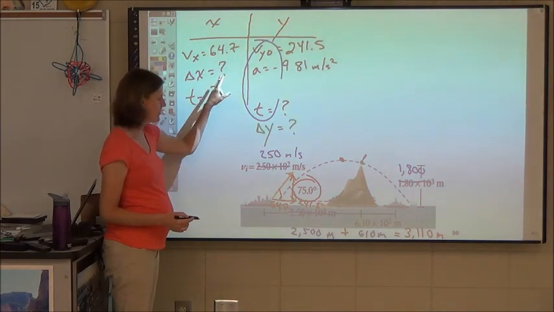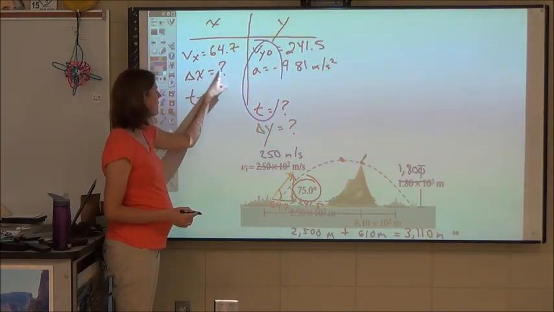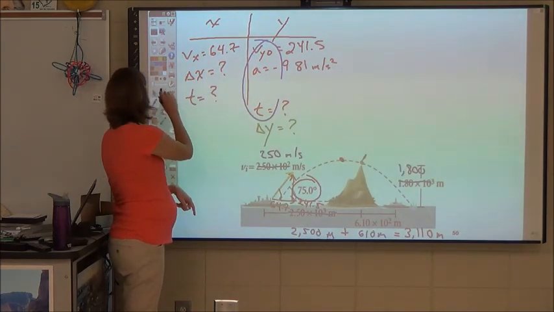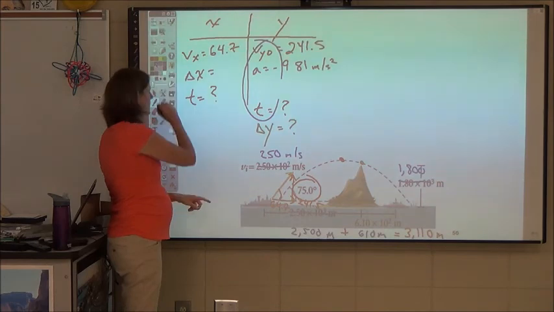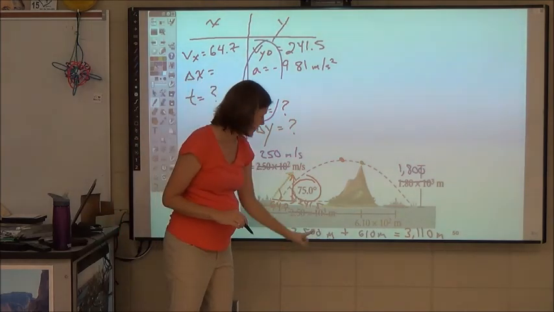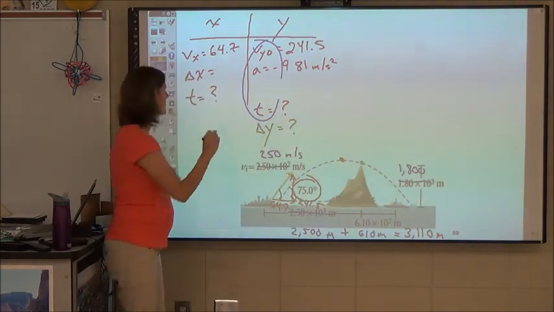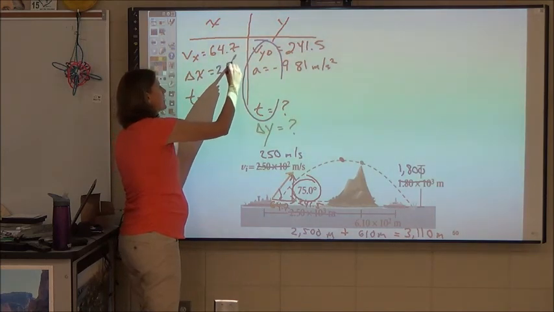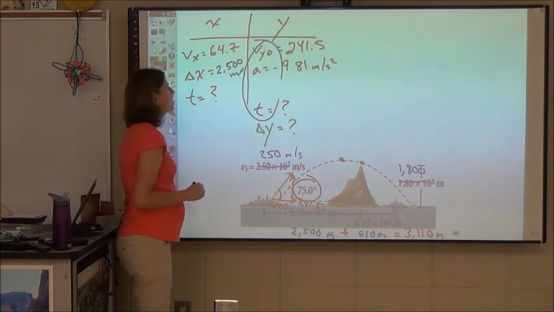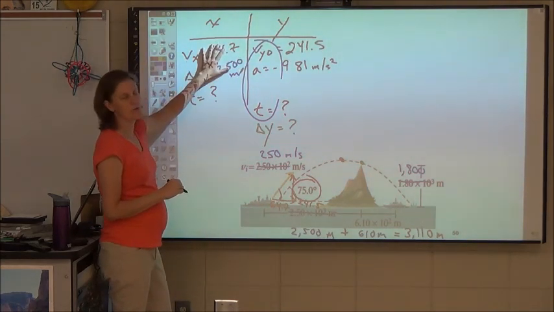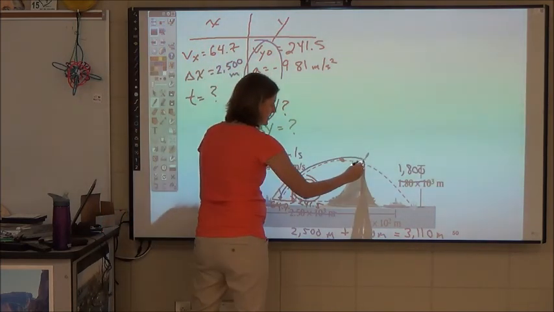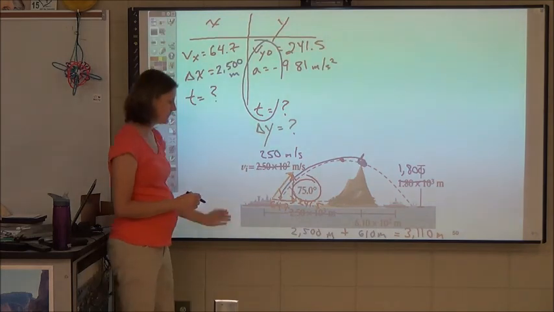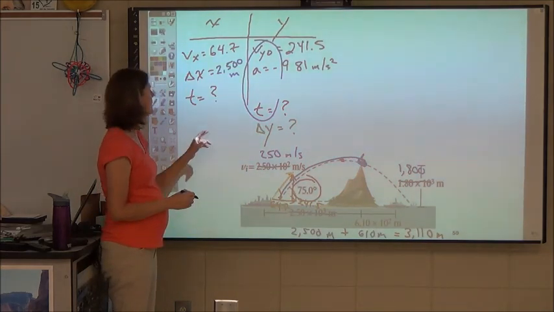And this time I do know the horizontal displacement being this 2,500 meters. So now I could use the horizontal info to find out how long it takes the projectile to get here, 2,500 meters to the right.